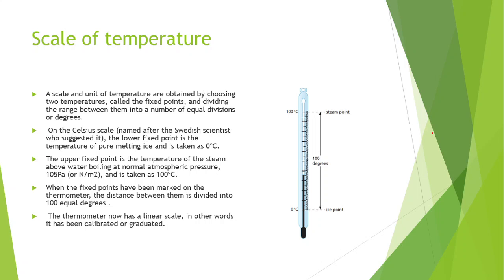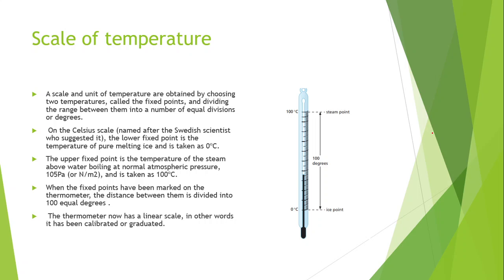On the Celsius scale, named after the scientist who suggested it, the lower fixed point is taken as the melting point of ice, which is 0 degrees, since zero is a common scale point. So it's really smart to use that as a fixed point. The upper fixed point is the temperature of steam, approximately 100 degrees.